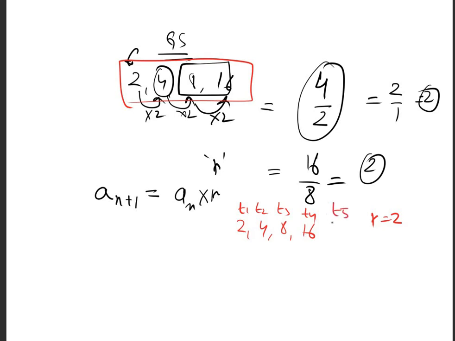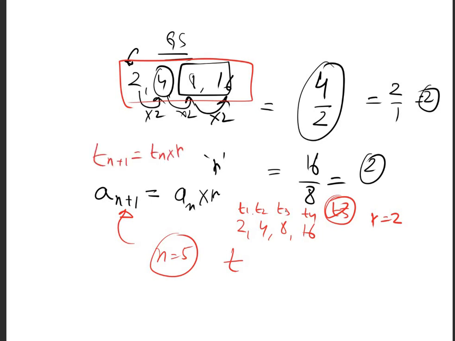If I want to go to T5, so my n is 5. Let's plug n here. I can use Tn or An, they're one and the same thing. Rather, I'll write it like T of n plus 1 equals T of n times R. It's just the usage of what variable you're using to represent your sequence.